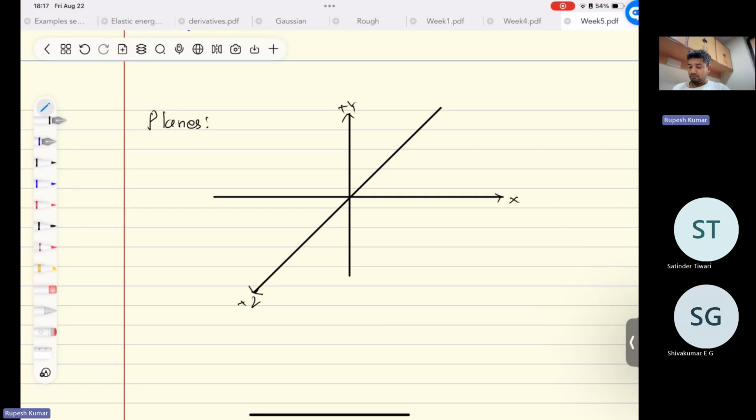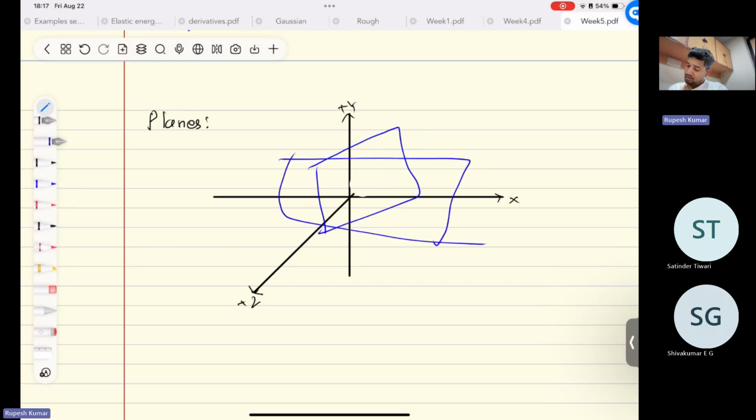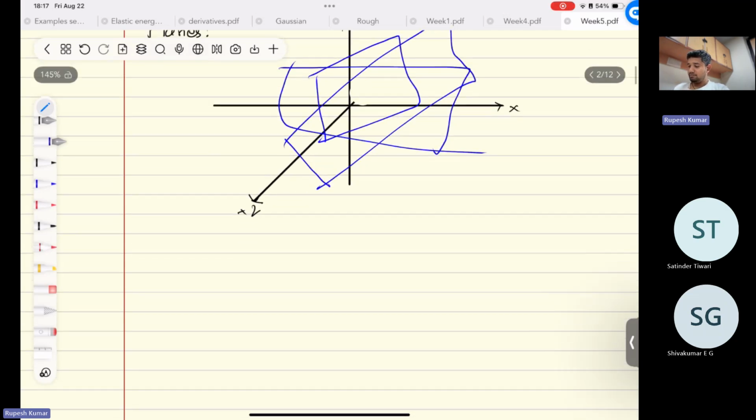You can always draw an infinite number of planes in this three-dimensional space. This is a plane, this is also a plane, and this is also a plane. You can draw infinitely many two-dimensional planes in this space.